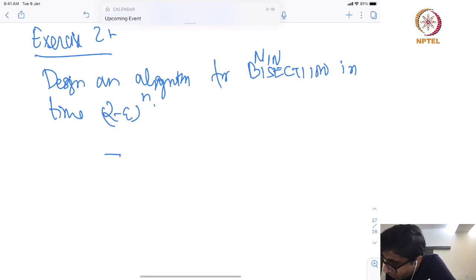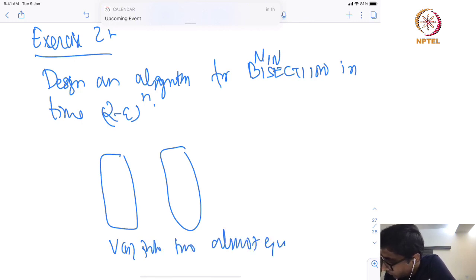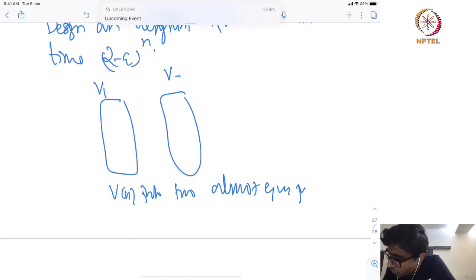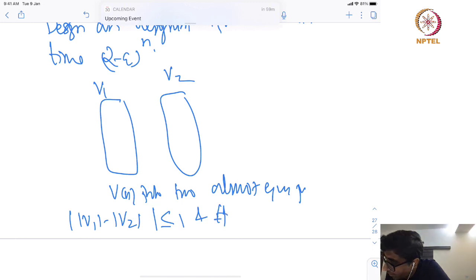You want to find a partition of the vertex set V of G into 2 almost equal parts. Suppose this is V1 and V2, the cardinalities of V1 and V2 should differ by at most 1, and the number of edges that go across is minimized.